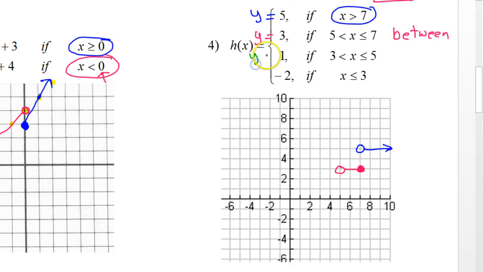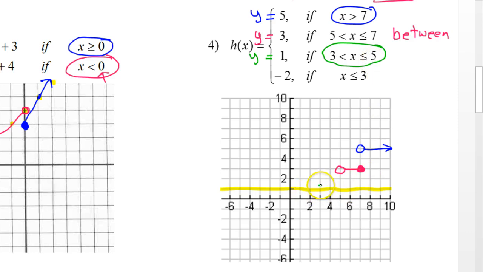Okay, now let's do y equals 1. Y equals 1 would be a horizontal line at 1 like this. Again, we want the part of this line that is between 3 and 5.